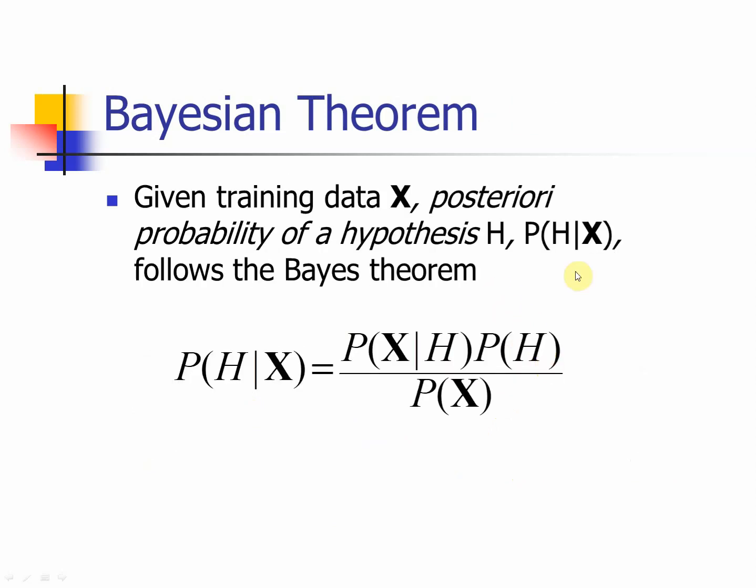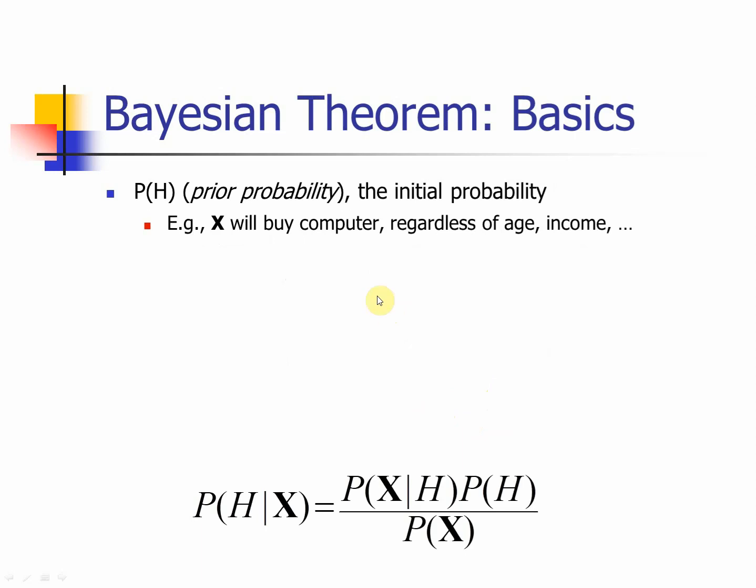In Bayesian theory, it's very straightforward. Given training data X, the posterior probability of hypothesis H, so P of H under the condition of X, which is the value that we want to calculate, equals this value multiplied by the probability of the hypothesis that we are making, divided by the probability of this sample that we see. In the next slide, we try to explain one by one.